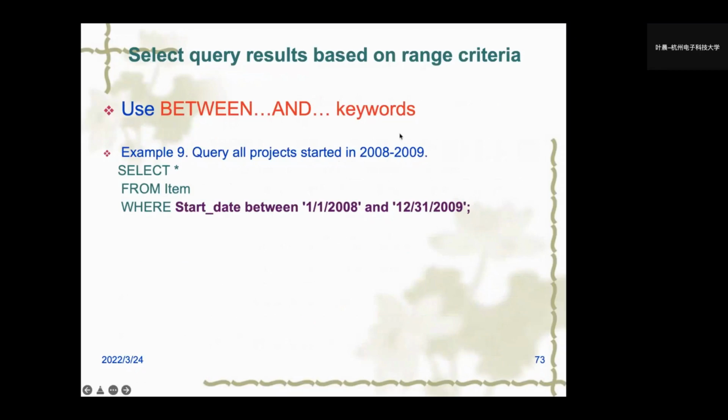It's still table 2, and as it didn't specify the columns we want, we just put a star here to represent that we want all the columns. From the table item where the condition we need to write is the start date is between the first day of 2008 and the last day of 2009.